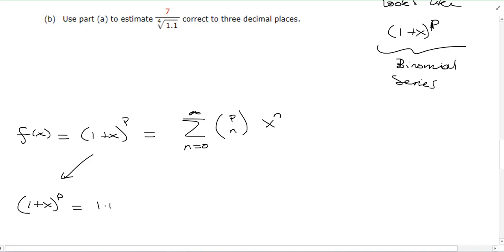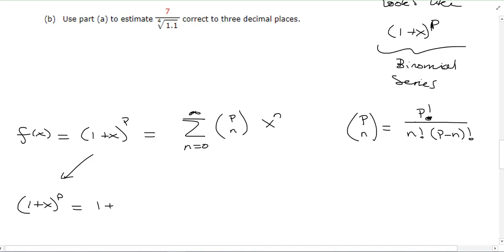So we're going to have 1 plus, and then when n is 1. It might be worth mentioning the definition of p choose n, which you may or may not remember from your pre-calculus class. It's p factorial over n factorial times p minus n factorial.